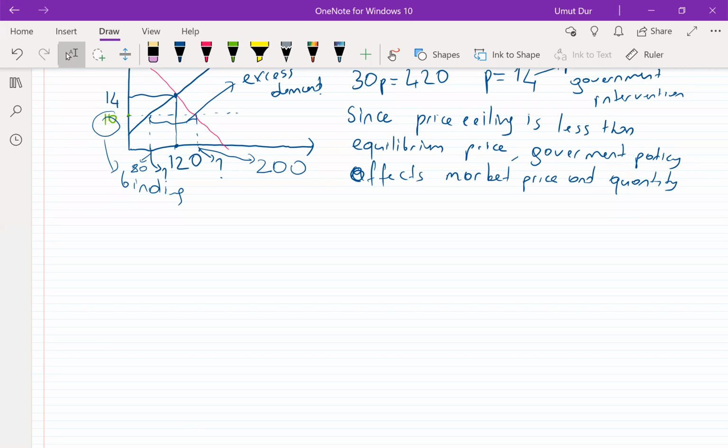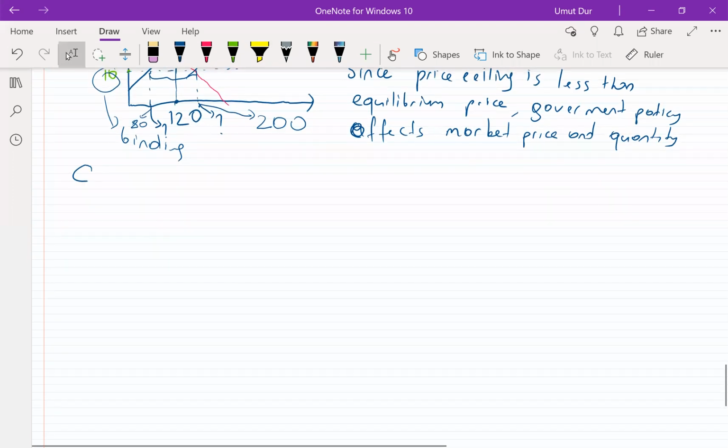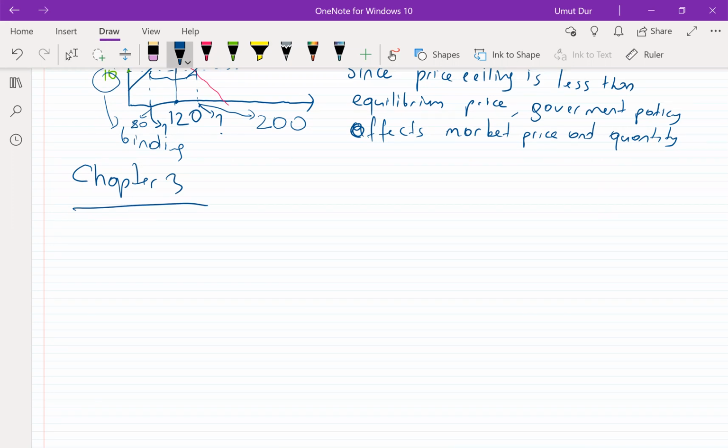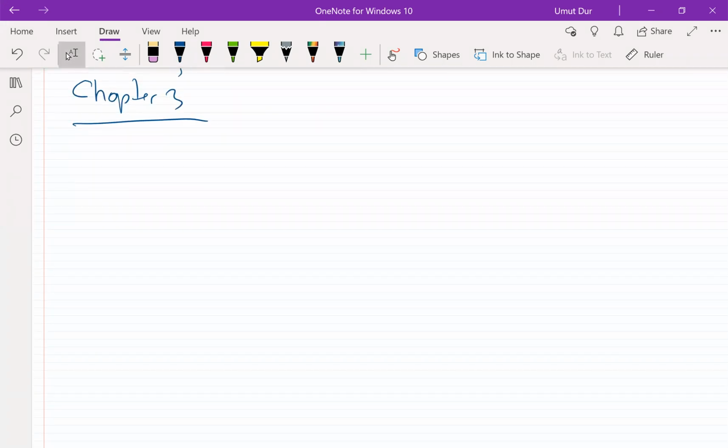Now we will start with chapter 3, which is basically the application of the supply and demand model. We will still be using the supply and demand model, but now we will be answering a different question.